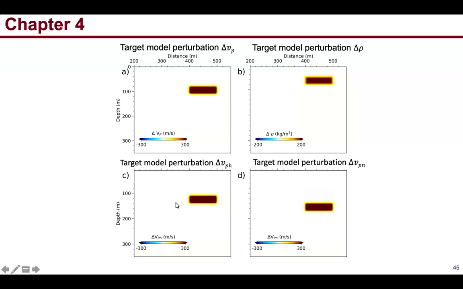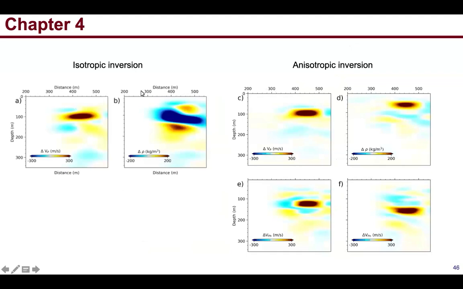So VPH is the horizontal velocity, and VPN is the NMO P-wave velocity. These four anomalies are distributed at four different locations. If we conduct an isotropic inversion, the result is shown in the left figures.